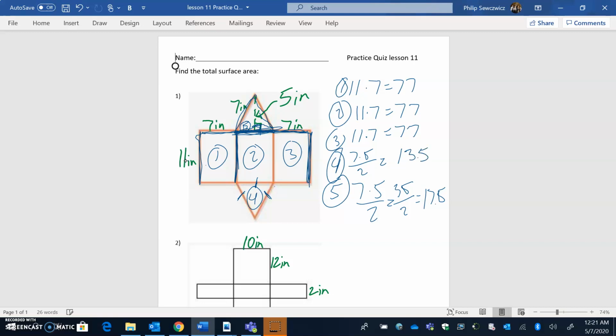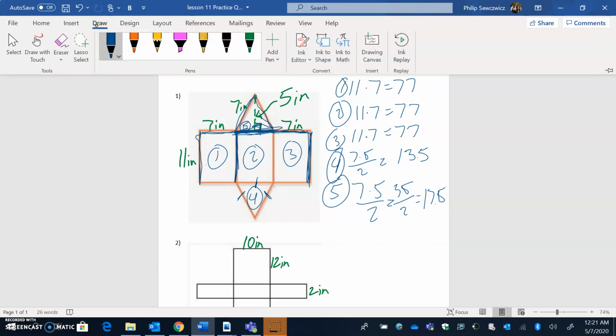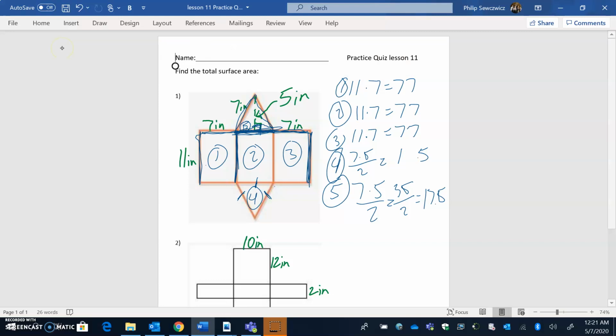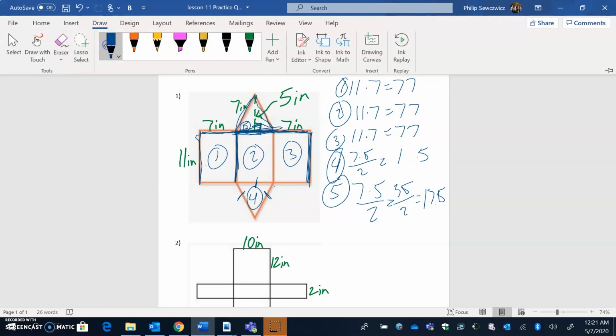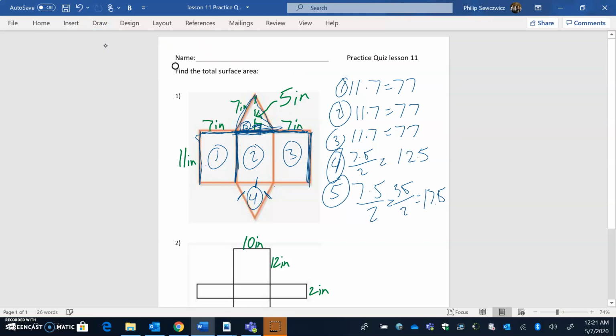I'm sorry, not 13.5. Yeah, 12. All right. Let's bring that on back here. That's 12.5. All right. So then we're just going to add them all up to get our totals here. Yeah, you can certainly bring your calculator out. I think that's 12.5, right? Yeah, I hope so.